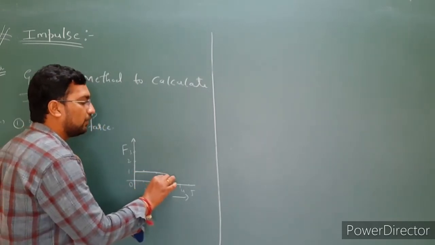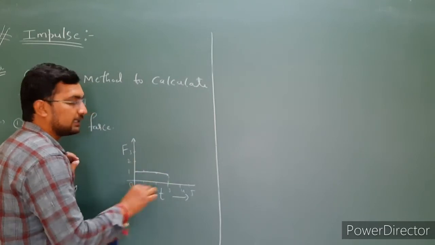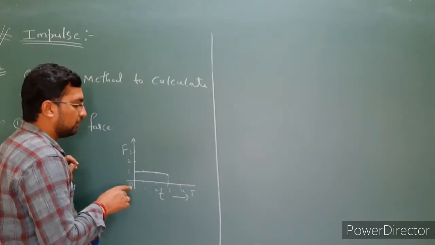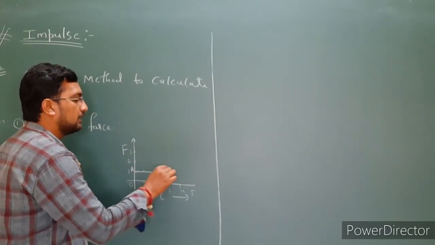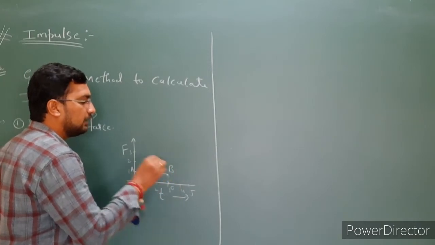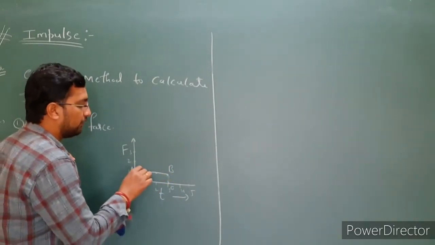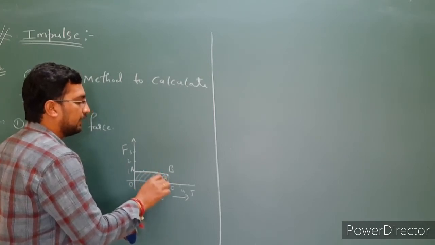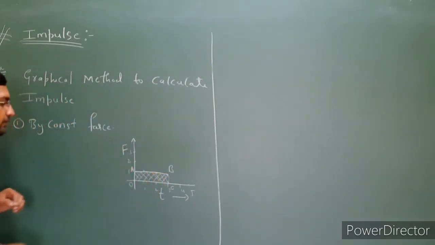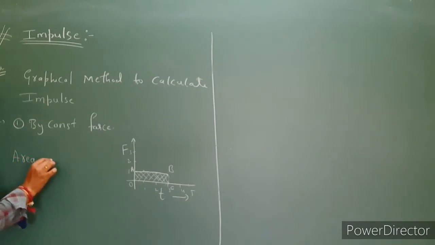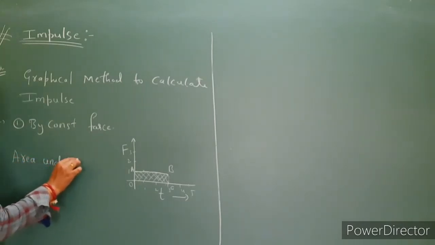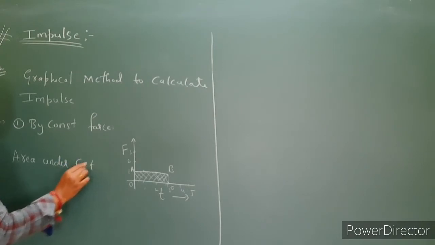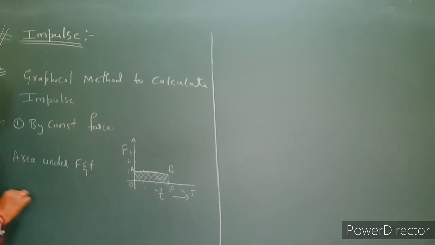Next we are going to find out the area under this graph. Consider this is point O, this is point A, this is point B, and this one is point C. Here we are going to find the area under the force and time graph.